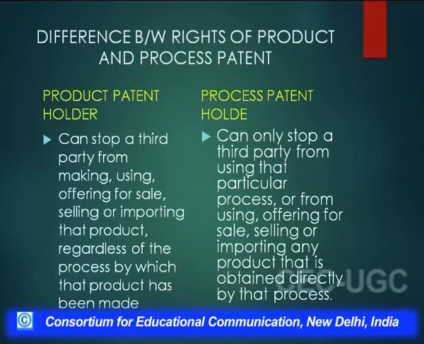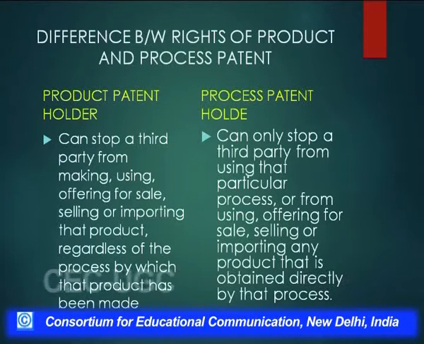I mean, he owns the process. In this case, he does not own the product as such, but he owns the process. And if something is directly made by that process, he can stop the third parties from making use of that product as well.